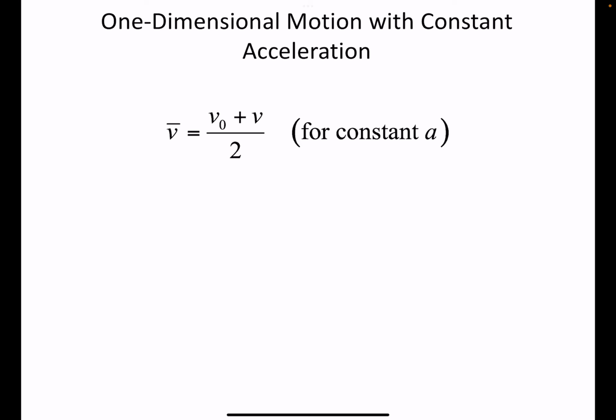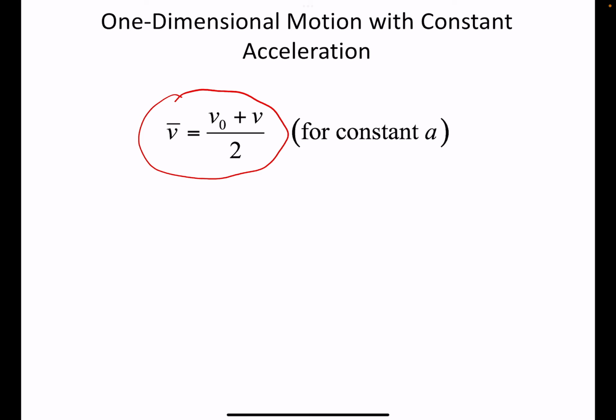Because the velocity is increasing or decreasing uniformly with time, we can express the average velocity in any time interval as the arithmetic average of the initial velocity v0 and the final velocity v. This is also a kinematic equation. Keep in mind that the expression is valid only when the acceleration is constant, in which case the velocity increases uniformly.